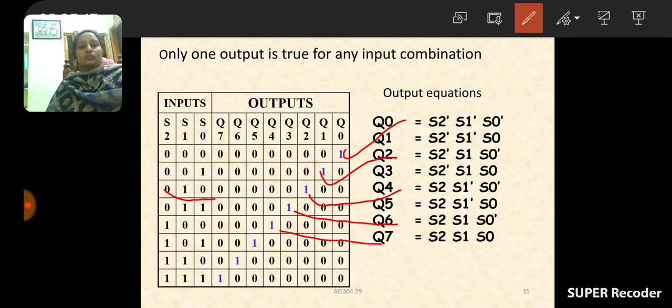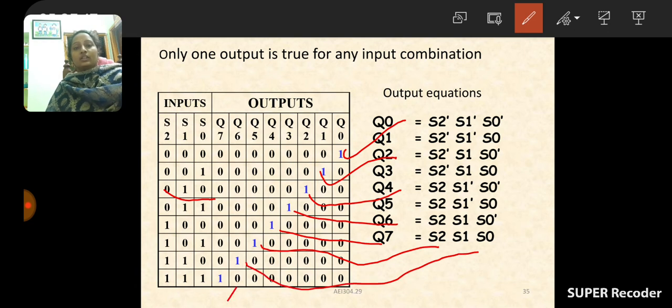Next, S2 is 1, S0 is 1, the bit Q5 is selected. If S2 is 1, S1 is 1, bit Q6 is selected. And if all are high, S0 is 1, S1 is 1, S2 is 1, the bit Q7 is selected.